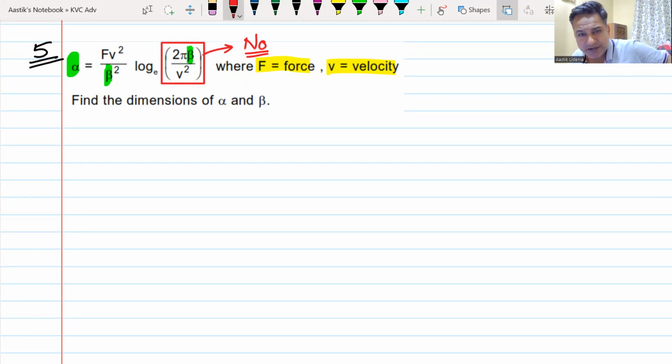It should not have any dimension. Look at this 2 and pi. These are numbers. They cannot have any dimension. So dimension-wise they are gone. What is left is beta by v square. Now this beta by v square must be dimensionless. So that must be equal to m to the power 0, L to the power 0 and t raised to the power 0. Do we understand this?